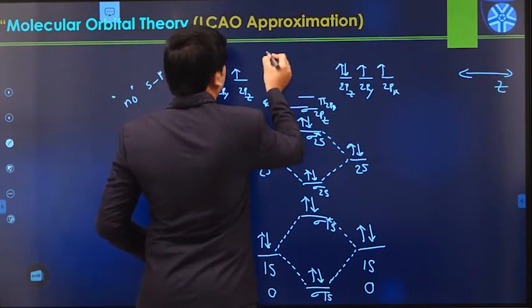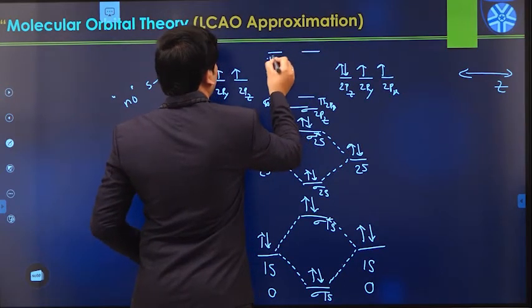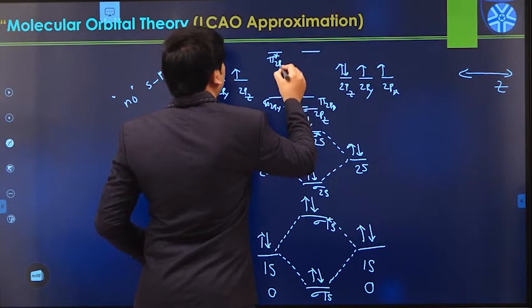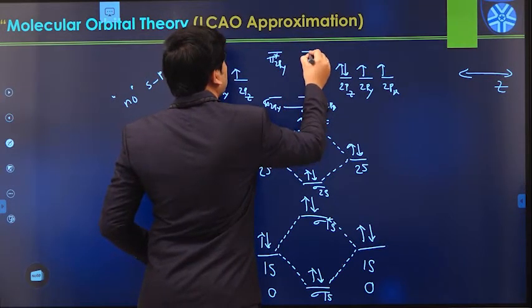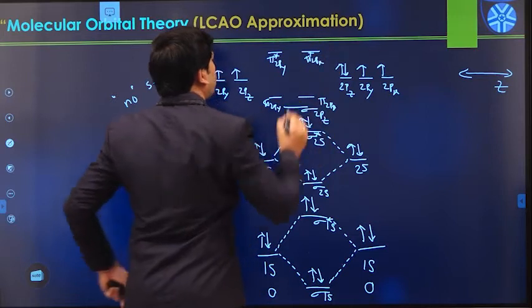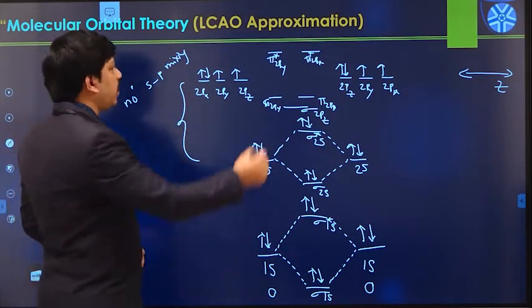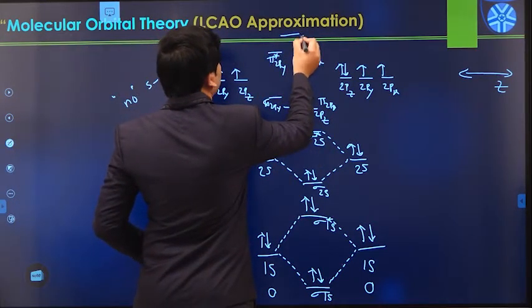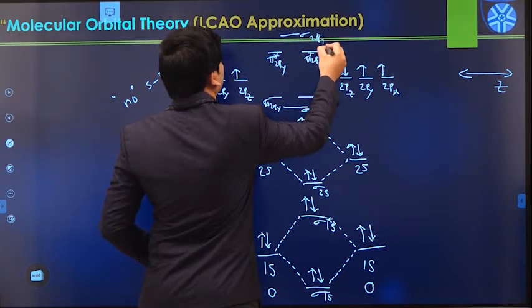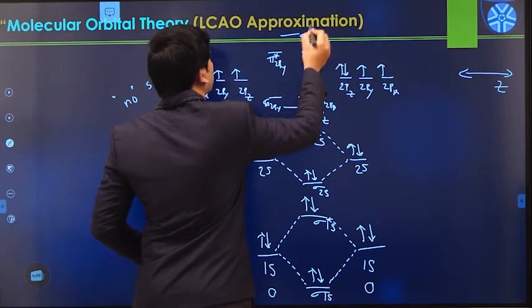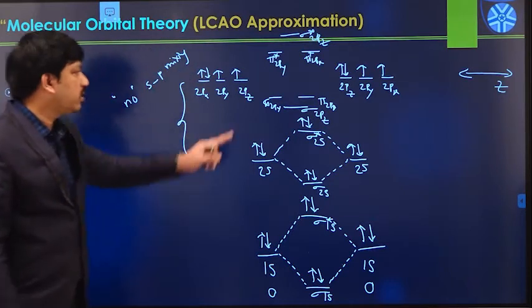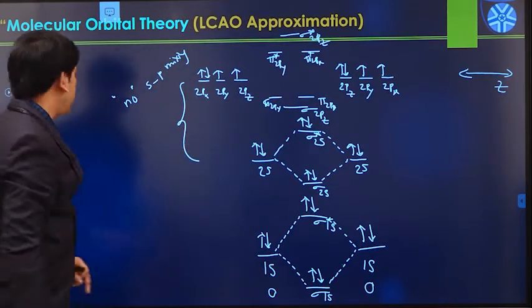And similarly we have pi star 2px, pi star 2py, and finally we have sigma star 2pz also. All these are anti-bonding orbitals and these are bonding orbitals.